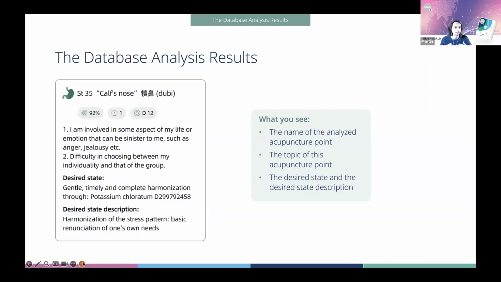And then the energy flows more freely if you allow yourself to eat something and keep on working. And I think that's a very on-spot result that I got there. And yeah, of course, you can then harmonize this, and only the desired state and the desired state description is then used to send it into the information field.